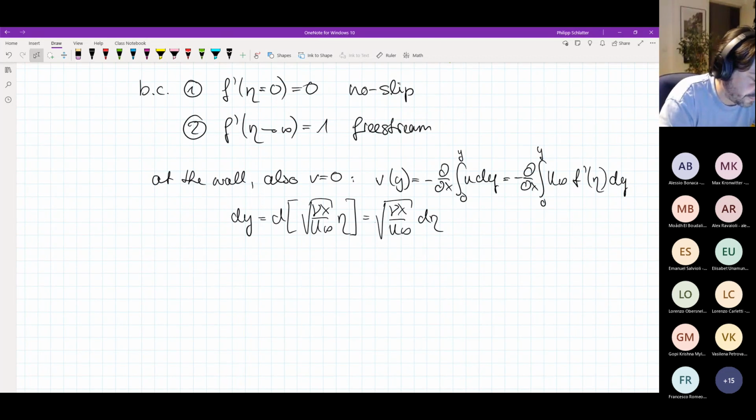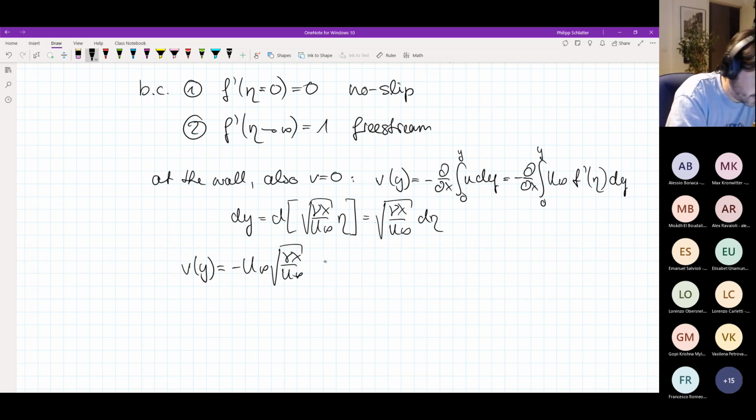So essentially, we have scaled that in a proper way. So that means now if we put in this changed dy, we get as our v of y being minus u infinity times square root of nu x divided by u infinity times d/dx of the integral from 0 to y of f prime d eta.